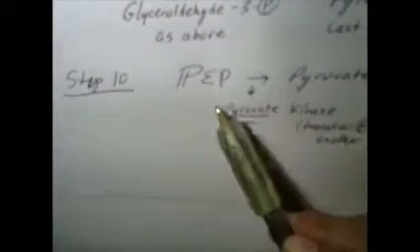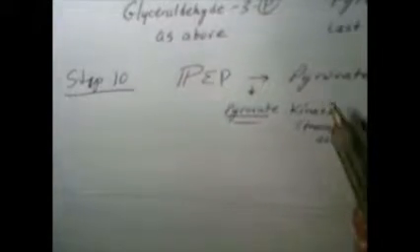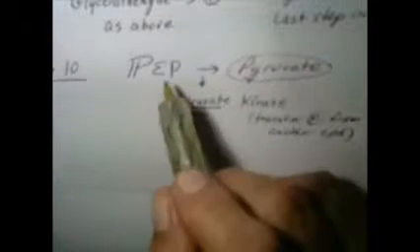So in step 10 of glycolysis, when we're changing PEP, phosphoenolpyruvate, to pyruvate, now the enzyme name should have PEP in it because that's the reactant. But in this case, the pyruvate is named in the enzyme.